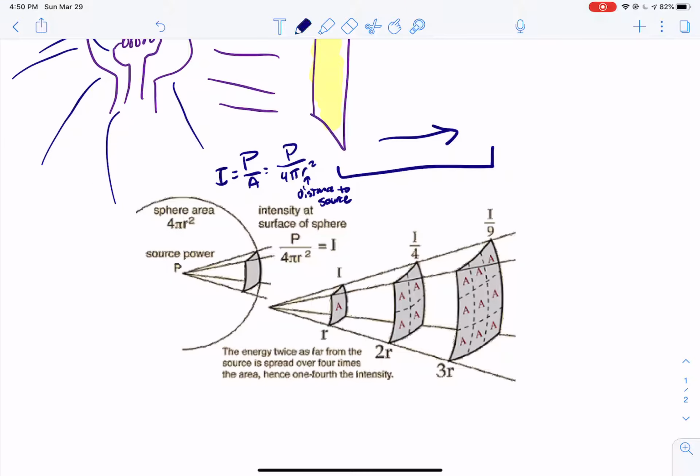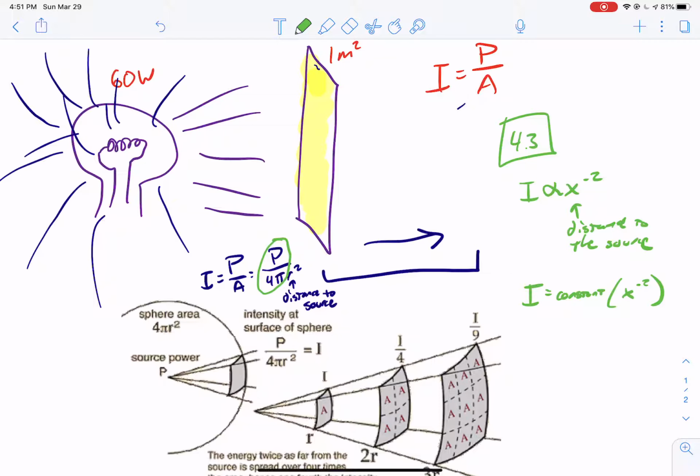Now remember, that proportional symbol does not mean that intensity equals the inverse square of the distance, but it simply means if the inverse square of the distance doubles, so does the intensity. Remember how proportionality works. This means that I is equal to some constant value multiplied by x to the negative 2. In this case, the constant value would be P over 4 pi.